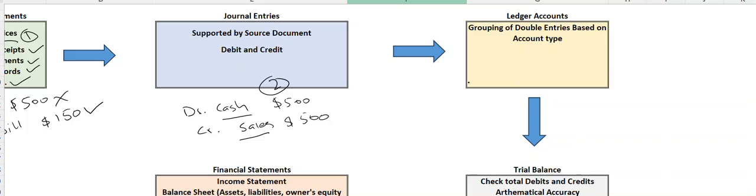For example, here you have made a cash transaction and here you have a sales transaction. So just a very little overview: in accounting we use the T account system. So we have a ledger of cash and we have a ledger of sales.